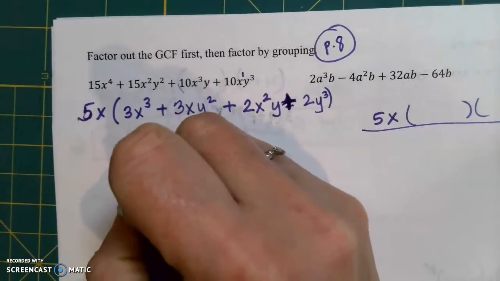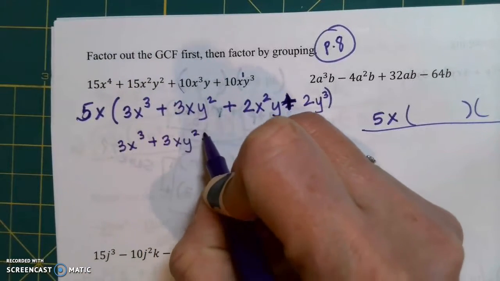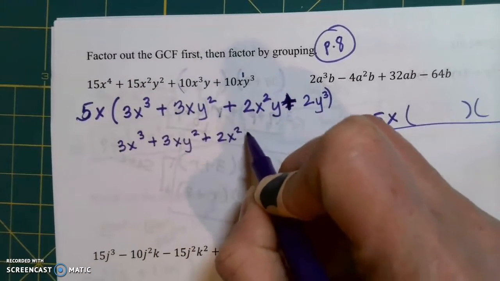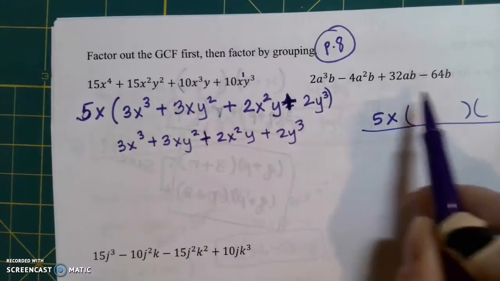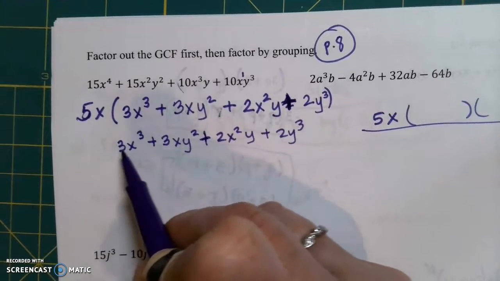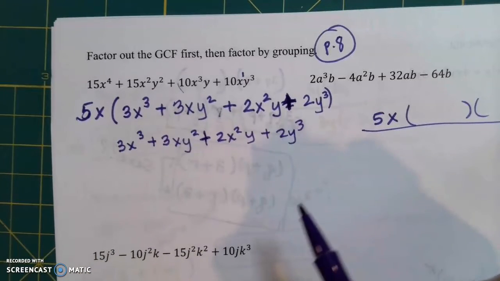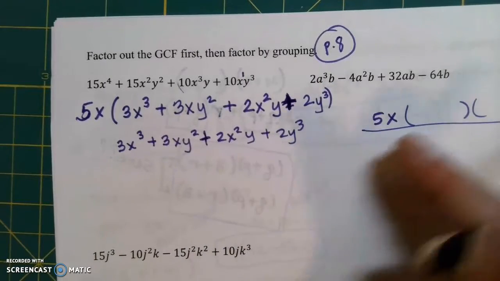So I am going to temporarily not write the 5x. It is still part of the problem. It is not going away. It's over here in my answer blank, but I just don't want to have to write 5x and then nested parentheses and all that. So I'm setting it aside for the moment.